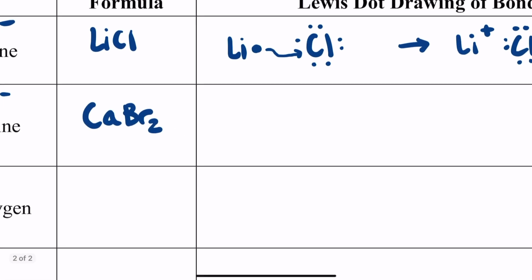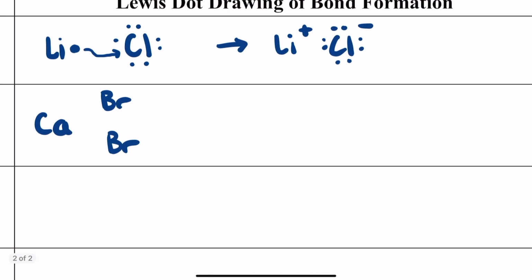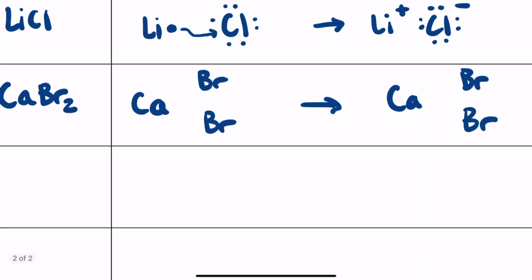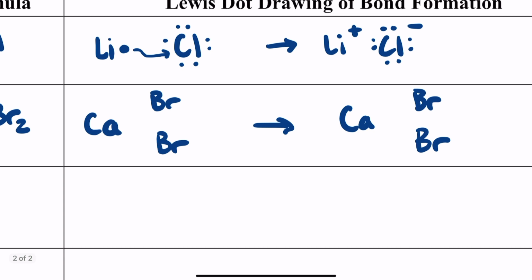So let's draw a before and after of that. I have a single Ca and 2 Brs, and I'll have an after as well. So I'll do a single Ca and 2 Brs. And this is the before and after arrow. So before anything happens, I know that calcium's in column 2A of my periodic table, so I'm going to say there's 2 dots around it.